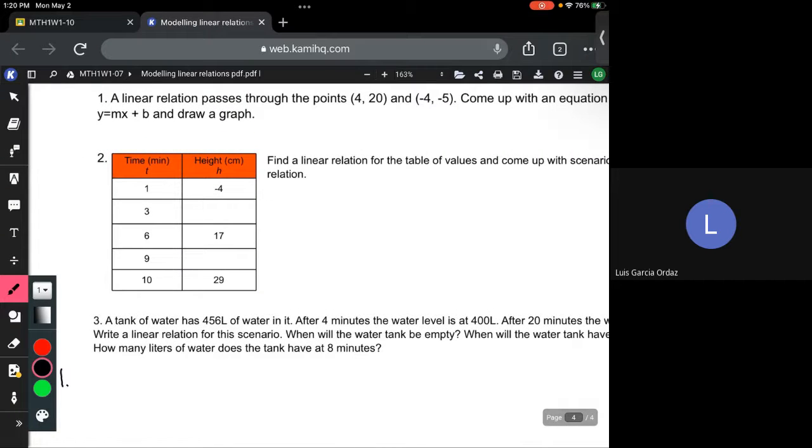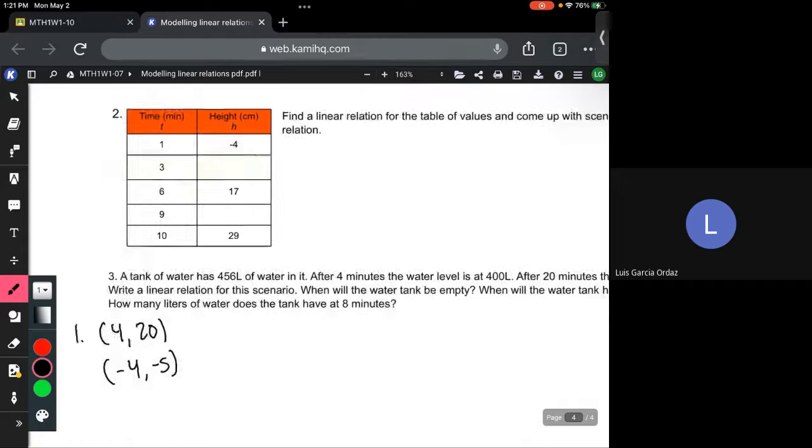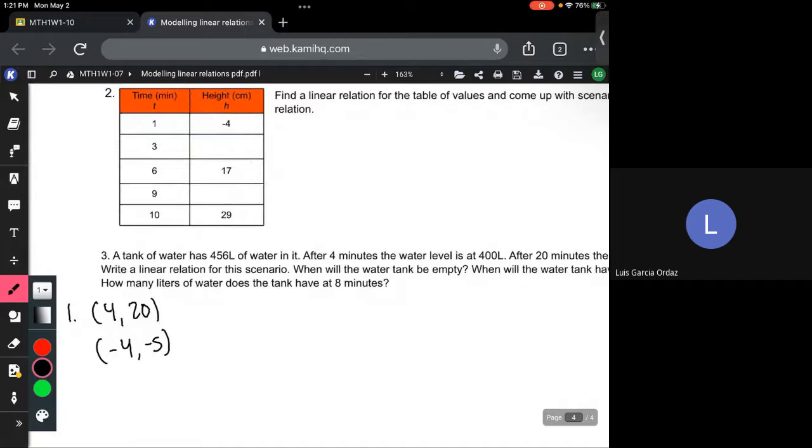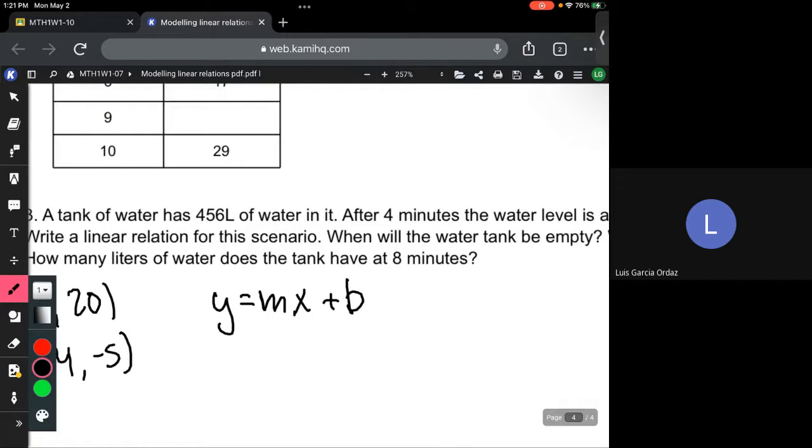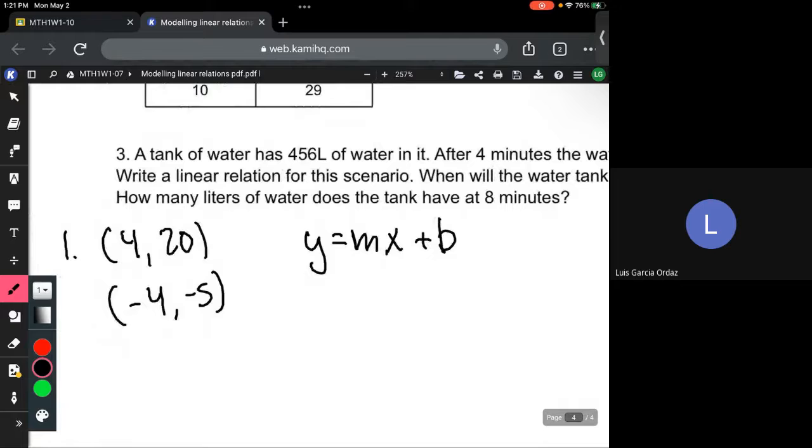So we have our points (4, 20) and (-4, -5). We have to use these to help us find our equation, y equals mx plus b. However, are they in order? No? What has to come first? Between these two points, the -4, -5.